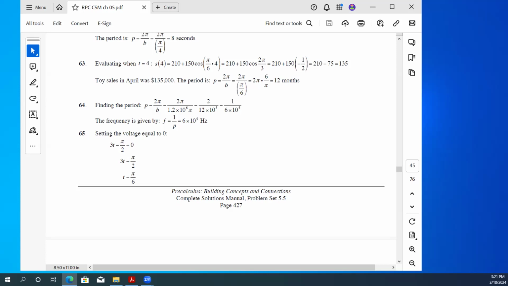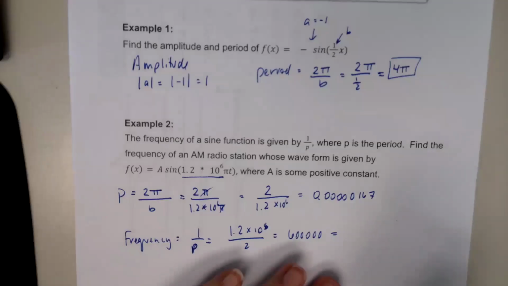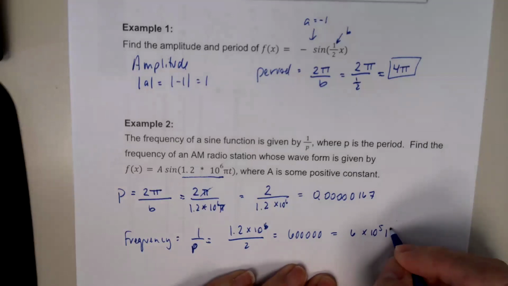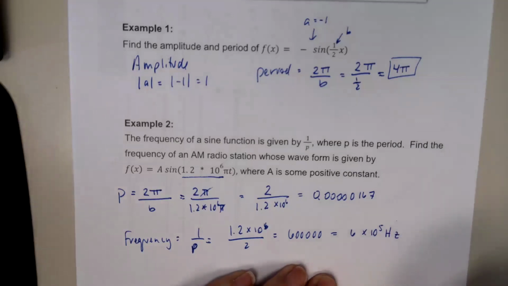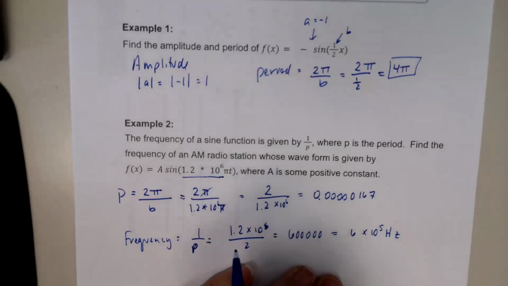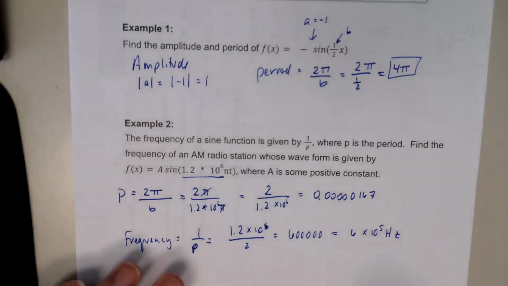And I'm going to show you what that looks like on paper. 600,000, or we can say that that's 6 times 10 to the 5th hertz, which is the measurement for radio frequency.